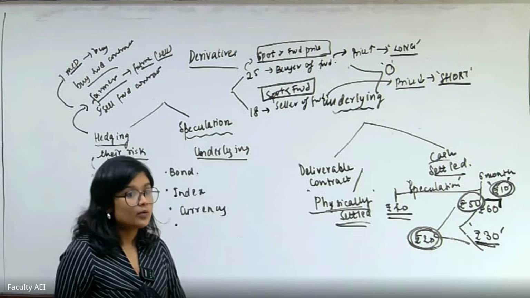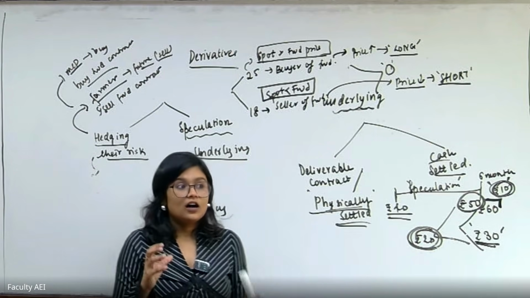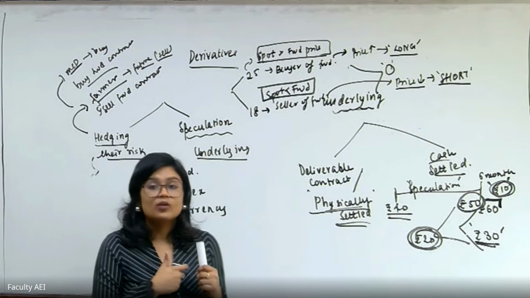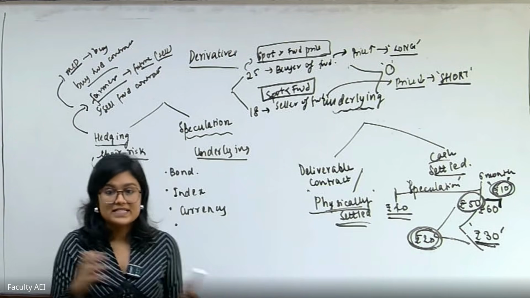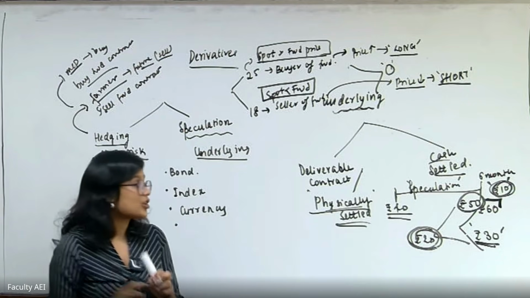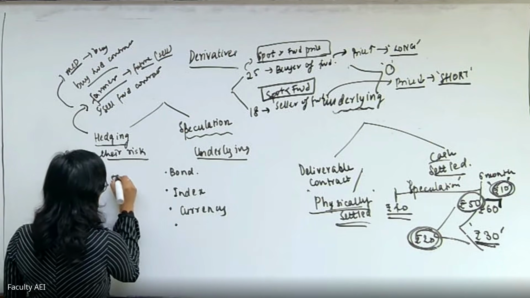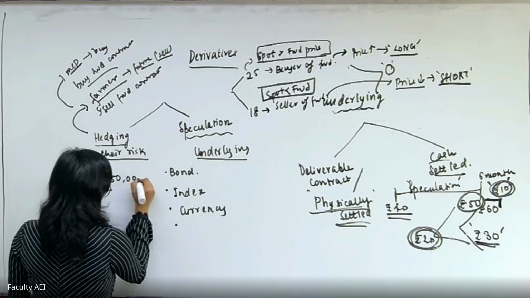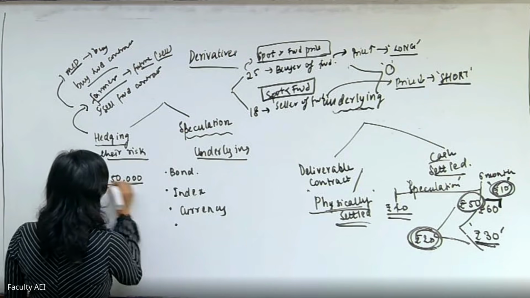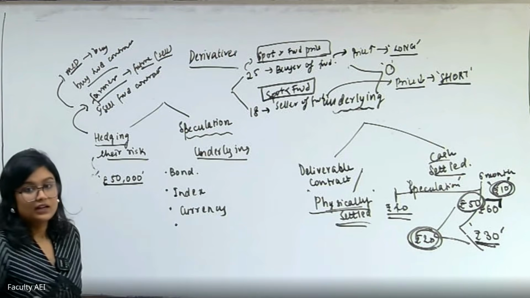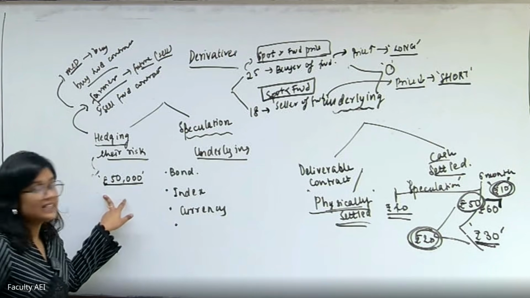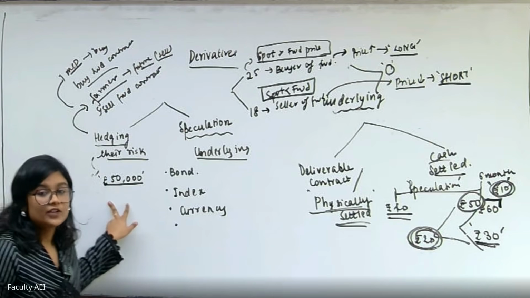I'm not sure what the exchange rate would be, but I want to be sure about what amount I would get. Let's say I am sure that I would be getting 50,000 pounds after 1 year.